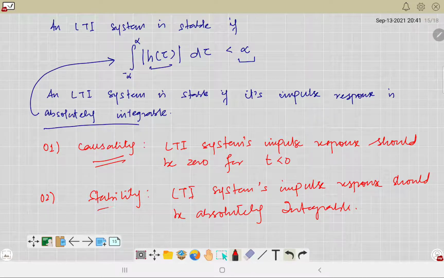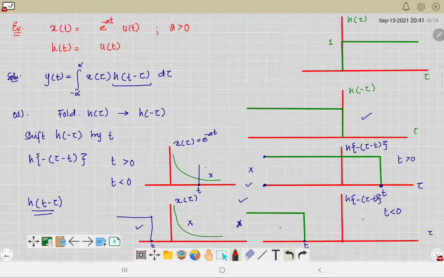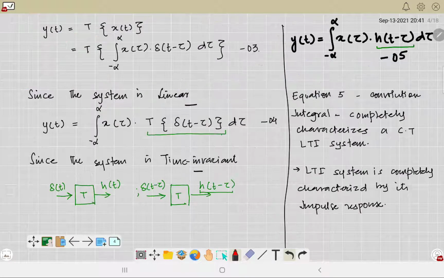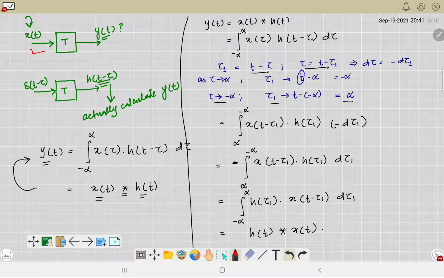Now both these properties are expressed in terms of this impulse response, right? And if you remember, in the first video in the discussion of LTI systems, I told you that the beauty of this convolution is that it gives you the response of the system to any generalized input x of t without actually having to apply that input. You just need to know what your impulse response is.